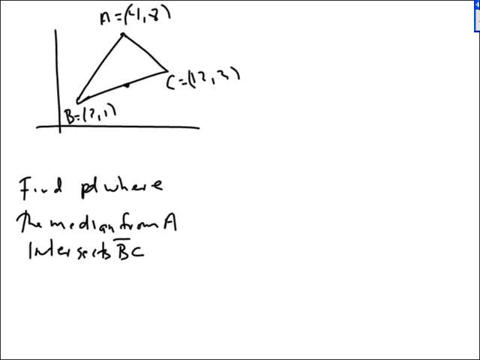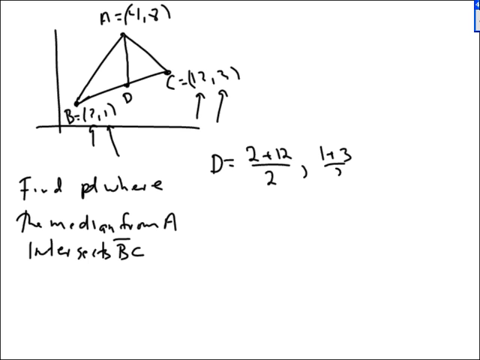So that's the median AD. So the question is, what is point D? Point D is easy. I know the two endpoints, B and C. It's the average of the two x's, 2 and 12. You add them up, divide by 2, comma, you add up their two y's and divide by 2.